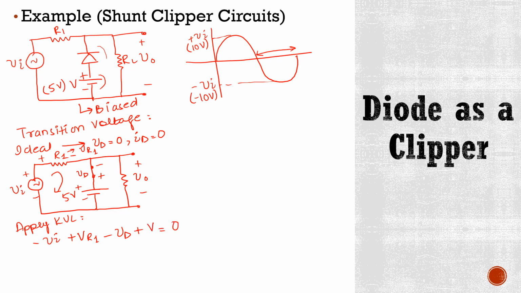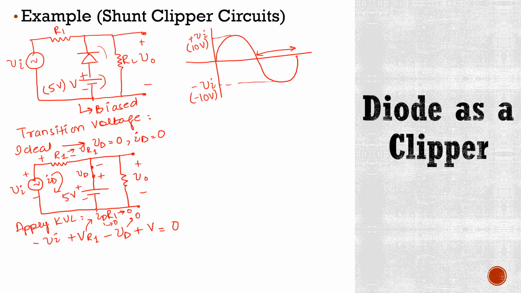We know that in this direction the current flowing is ID. At this condition, VD is 0, and from Ohm's law V is equal to IR, so VR1 is equal to IDR1. Since ID is 0, this whole term is also 0.